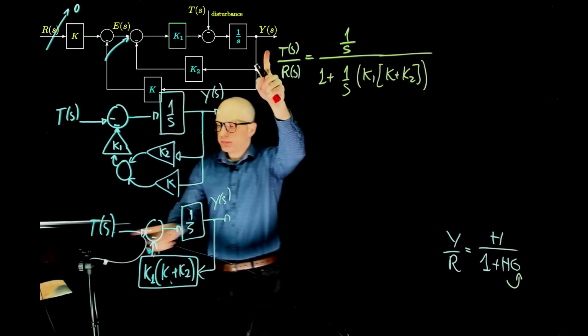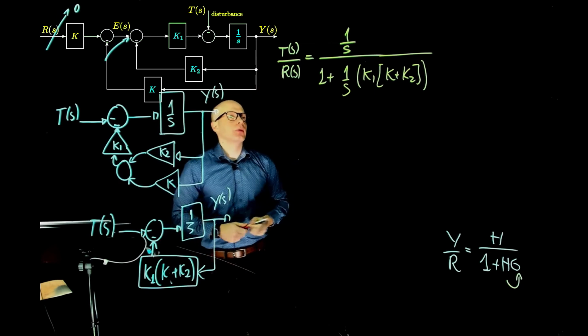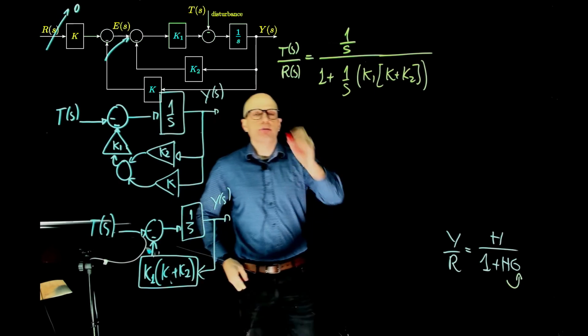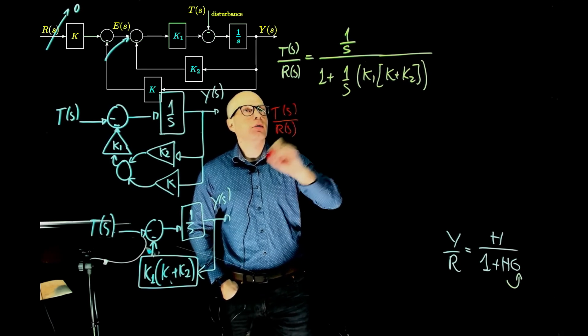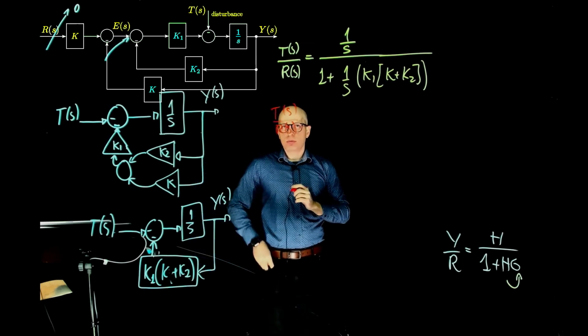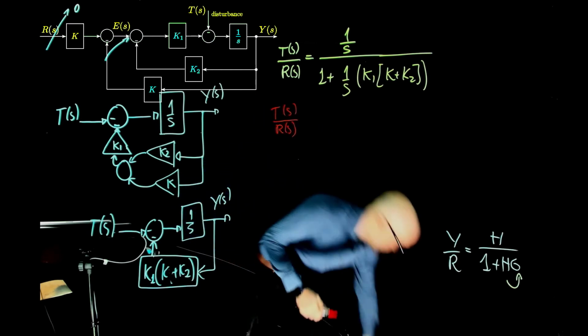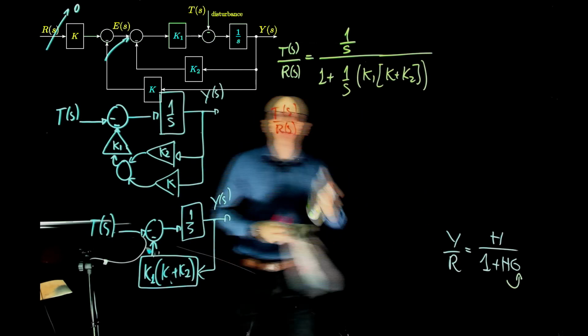And that's T over Y. Is that Y of s and not R of s? Yes, that's Y of s, sorry.